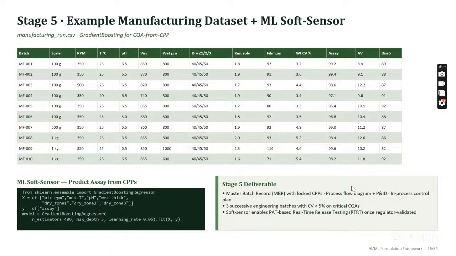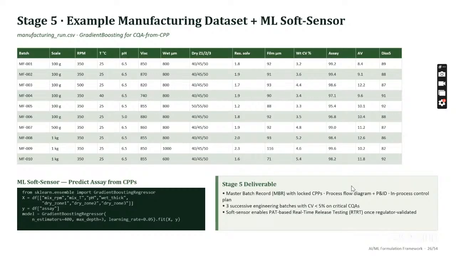Because a gradient boosting soft sensor predicts assay from process parameters. Then, if it predicts, you can go to the lab and evaluate the experiment, and check whether the prediction is correct or not.